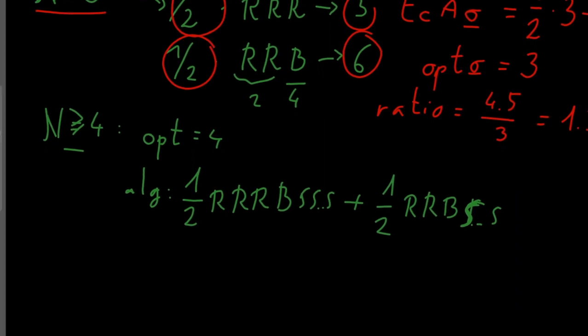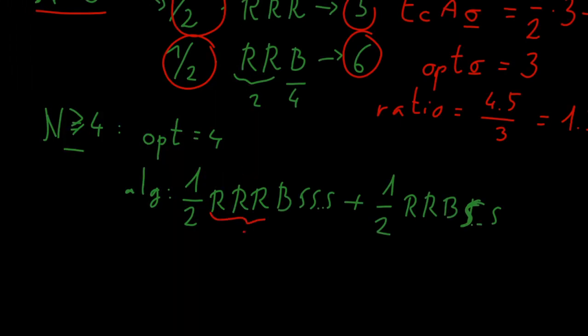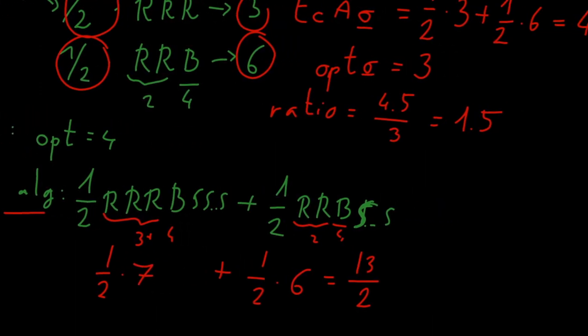So the cost is 3 for renting plus 4, which is 1/2 times 7, plus 1/2 times, now it's only 2 and 4, which is 1/2 times 6. So the algorithm's expected value is just 13 over 2, 6.5 if you wish.